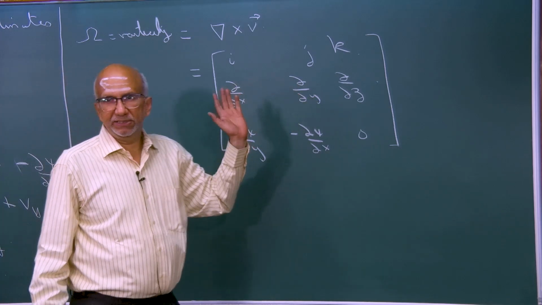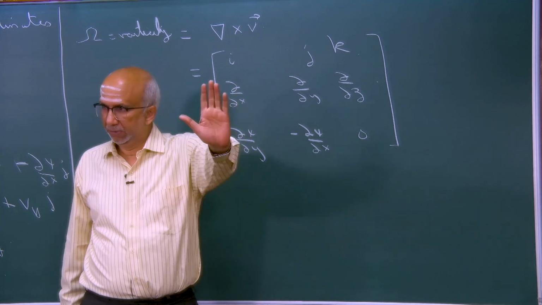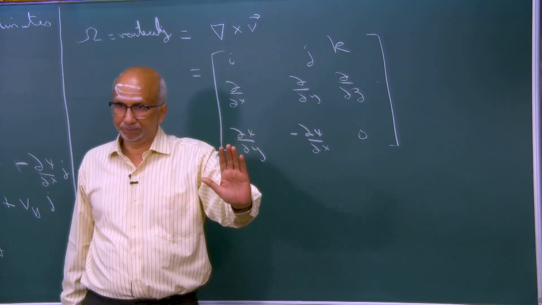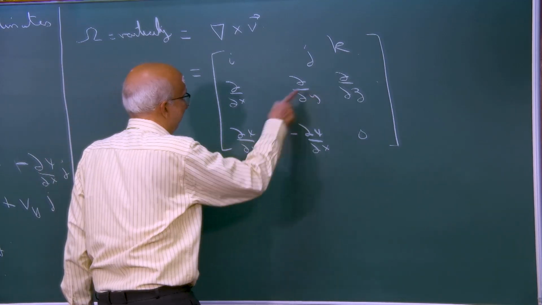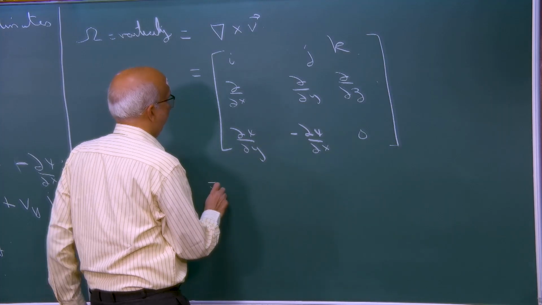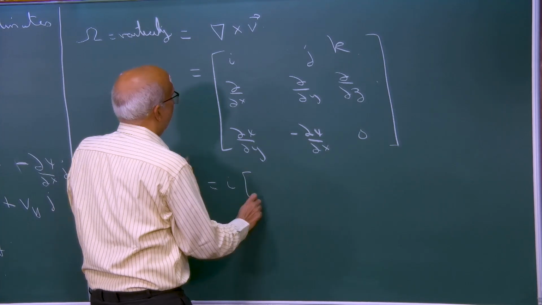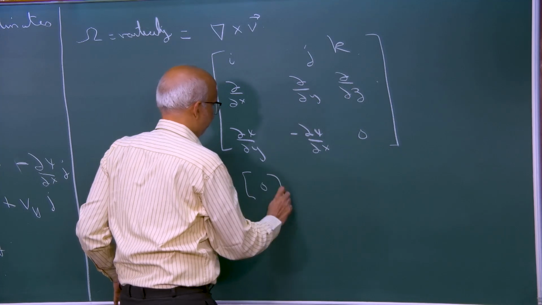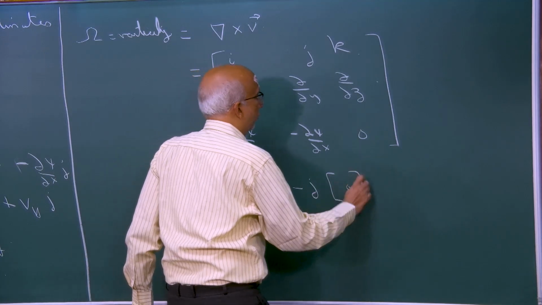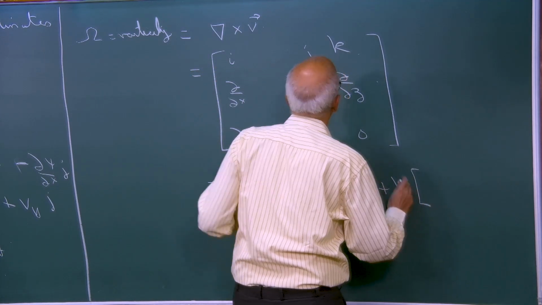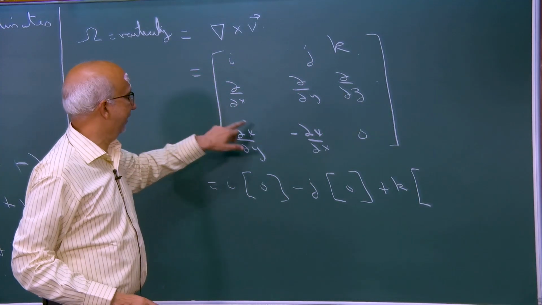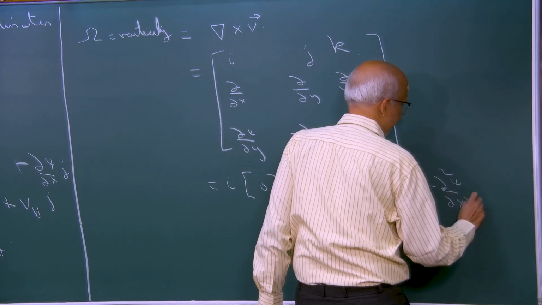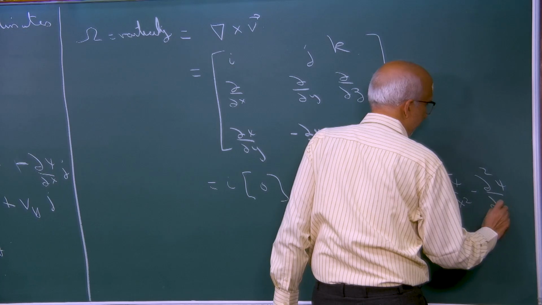Remember, there is no change in the z direction because it is a 2-dimensional flow, nothing is happening in the third direction z. Okay? So, d by dz of all these will also be 0. So, this is going to be i, I am just doing the determinant, 0, this is also 0, minus j 0 plus k times minus d square psi by dx squared minus d square psi by dy squared.